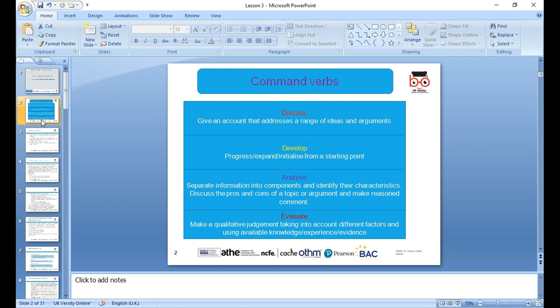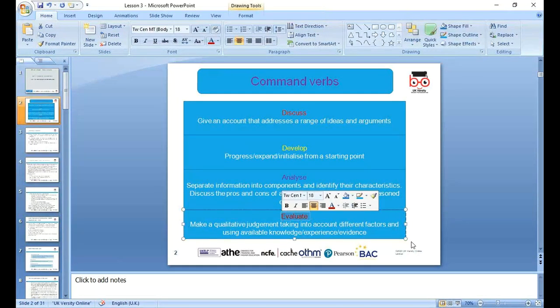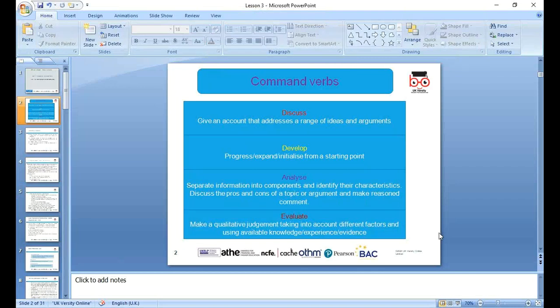Analyze: separate information into components, identify the characteristics, and discuss the pros and cons, advantages and disadvantages. If you have a credit control policy, what are the advantages? If you have too strict a credit control policy and you're not giving credit to anyone, what can be the consequences for the organization?